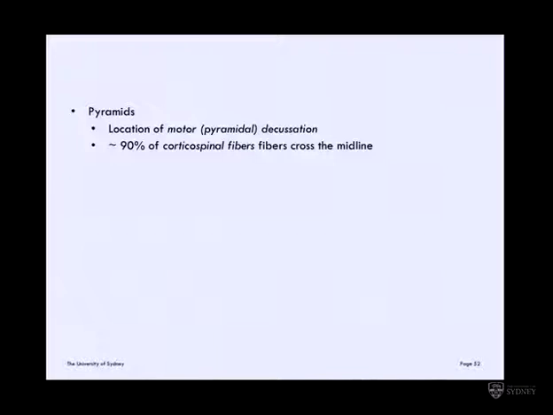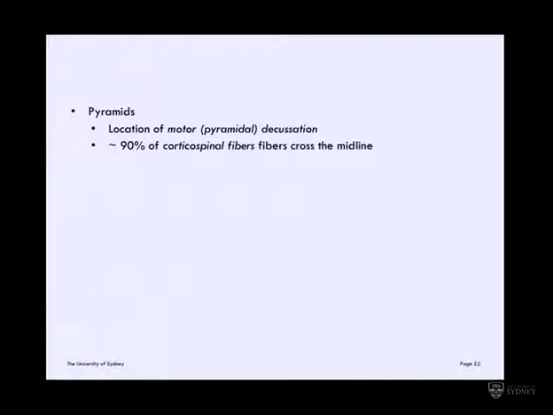Contralateral, but what deficits would you see? Motor deficits, right? These are fibers that are going down, right? Your sensory fibers go on the dorsal aspect of your spinal cord. Your motor fibers travel on the ventral aspect of your spinal cord, right? So sensory going up on the dorsal, motor coming down on the ventral, right?